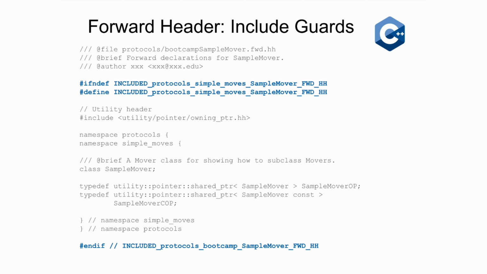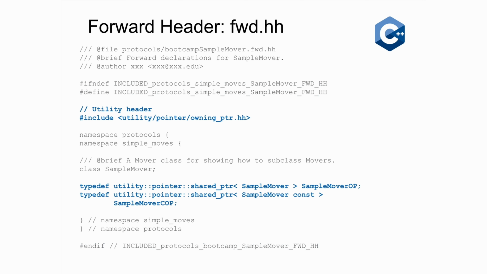So that should all be in your forward header. You have your includes, and you'll have your owning pointer header file here, and then you'll define the type of your mover, the owning pointer of your mover. So you have an owning pointer and then the const owning pointer.